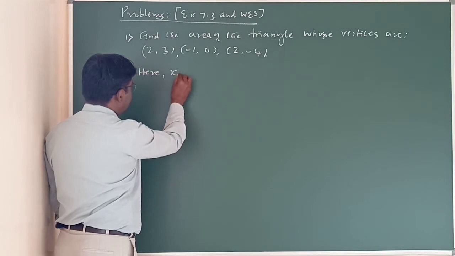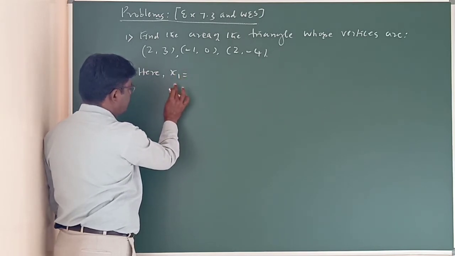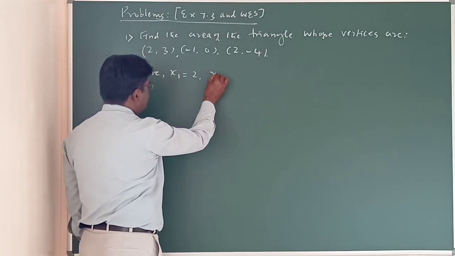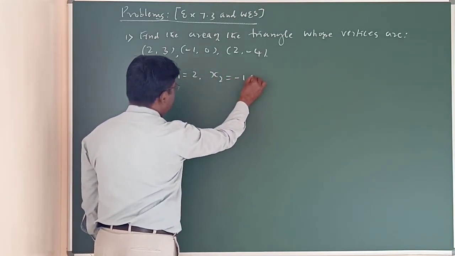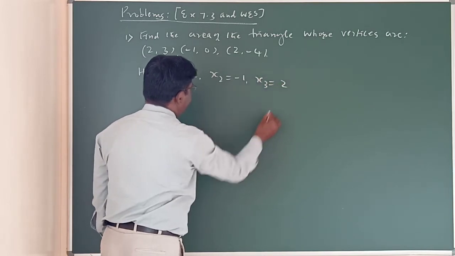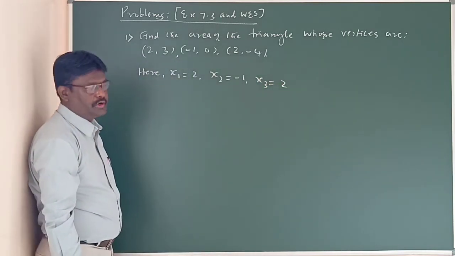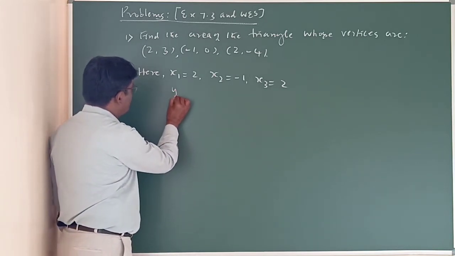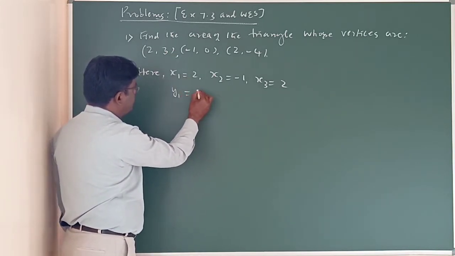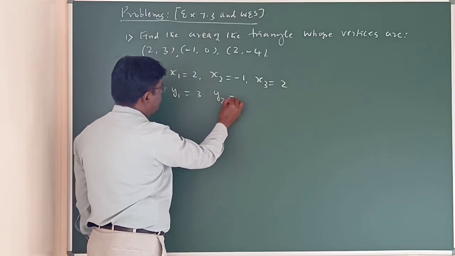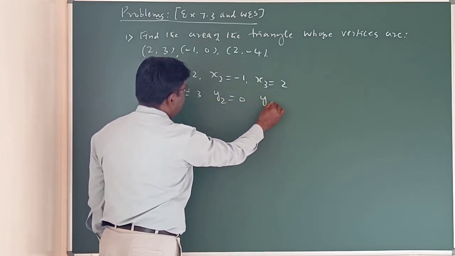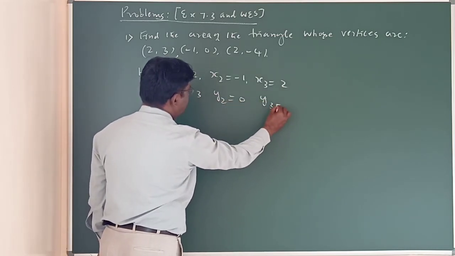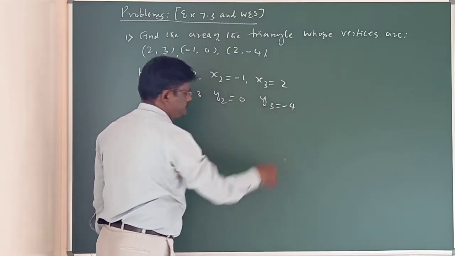Here x1 is 2, x2 is -1, x3 is 2. These are the x coordinates of those three vertices. Next, y1 is 3, y2 is 0, and y3 is -4.